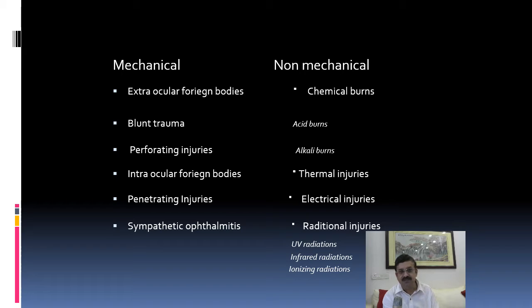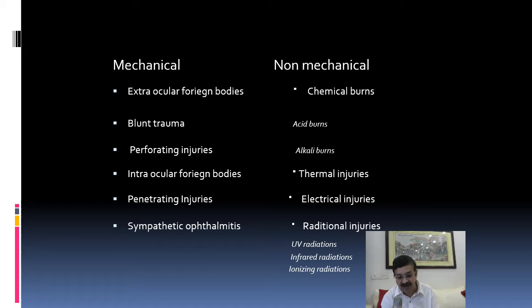So very broadly, we can divide or classify the trauma of the eye, as you can see, into mechanical and non-mechanical. In the mechanical, we have extraocular foreign bodies, blunt trauma, perforating injuries, penetrating injuries, retained ocular foreign bodies, and sympathetic ophthalmitis.